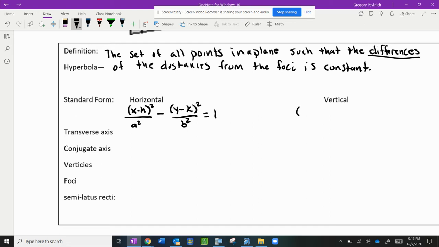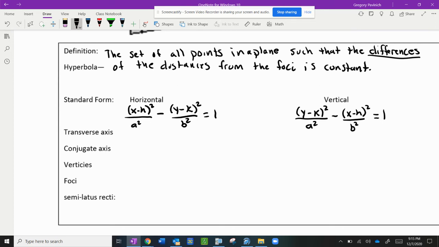The vertical, notice my y value is going to come first. So that's how you're going to tell whether it opens left or right or up and down, which variable comes first. Whereas with the ellipse, the bigger denominator was the distance that you traveled.